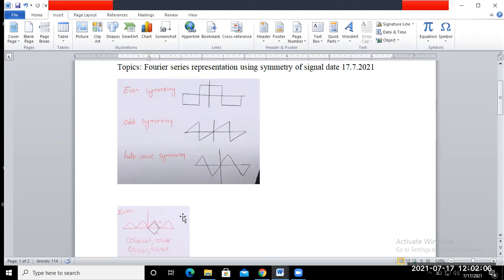So the Fourier series representation of this waveform consists of all even symmetry terms, starting from zero. That means this cos zero is known as the constant term.